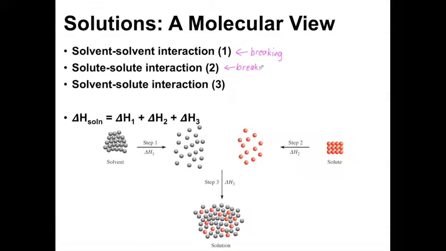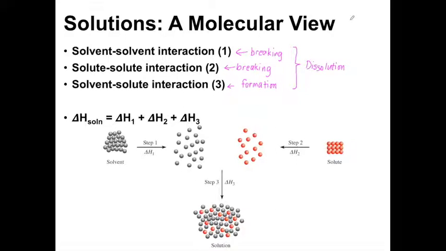And the last step is formation of the solvent-solute interaction. So the sum of these three steps is the dissolution process, so when you dissolve your solute in the solvent.